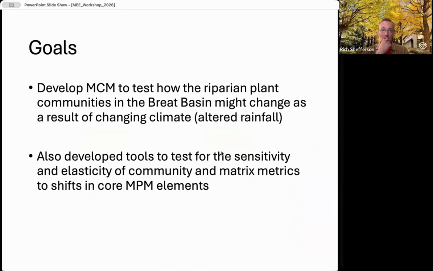And so their goal was to develop MCMs to test how this riparian plant community in the Great Basin might change as a result of changing climate. And so that's what I wanted to recreate here. They also did a lot with sensitivity and elasticity analyses, and I recreated a little bit of that, but only a little bit.